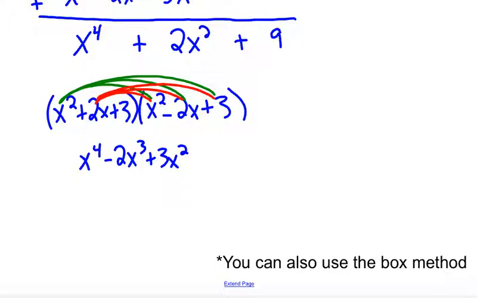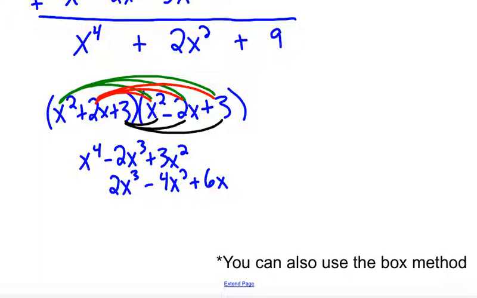So on this red one, this 2x times x squared, I get 2x to the 3rd. I just line it up right there. And then 2x times negative 2x is negative 4x squared. And 2x times 3 is 6x. And then the last one is I take 3 times everything down here. And again, I'm going to line up my like terms.